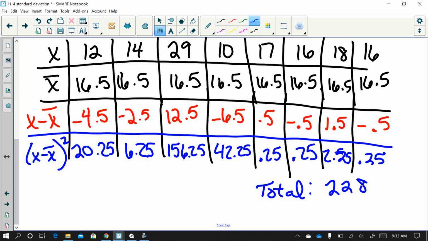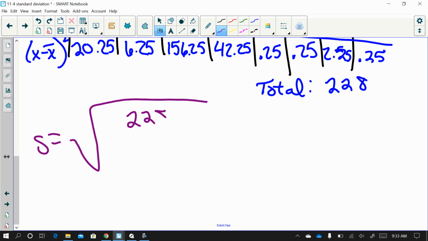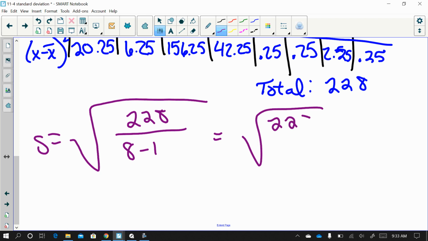Okay. So now just need to finish it up. So we're going to take the square root of 228 divided by n minus 1. So we had 8 minus 1. Okay, so 228 divided by 7, and then the square root of that.